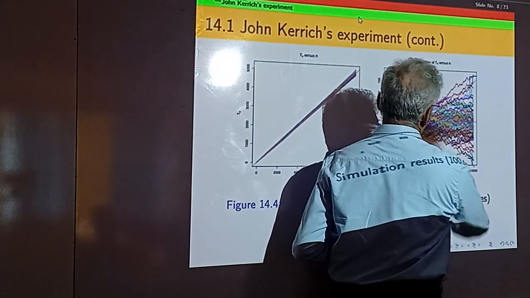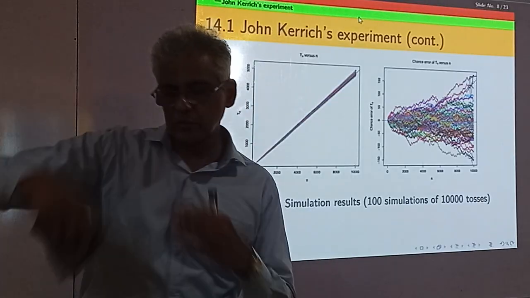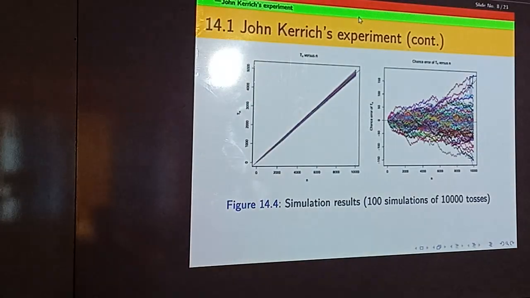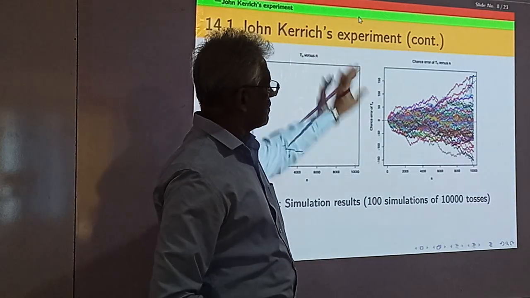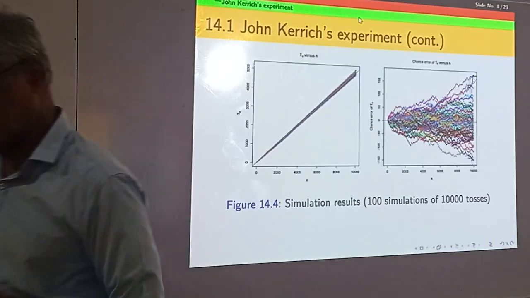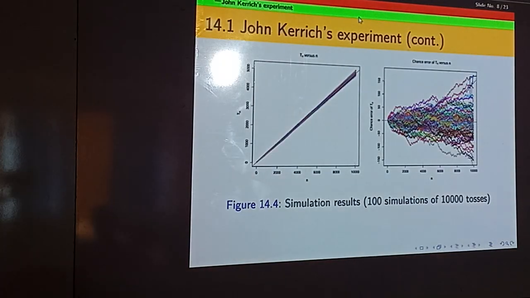Earlier we had only one curve, now you are seeing all the possibilities. So the range for Tn is increasing, and at the same time the range for the chance error of Tn is also increasing.